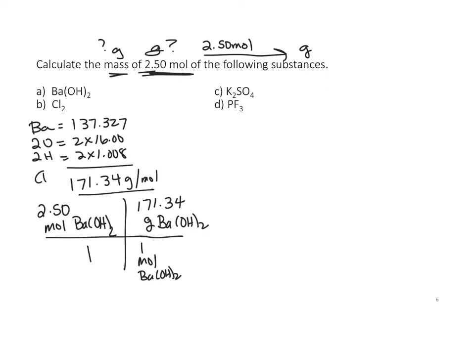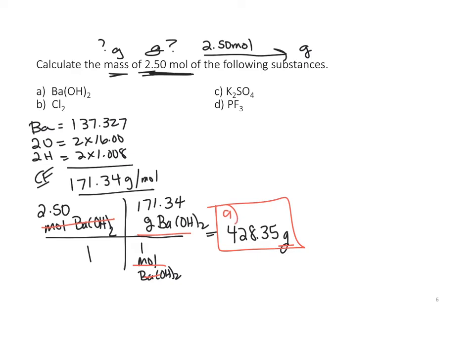That's your conversion factor. And now you know that you have to take 2.50, multiply it by 171.34 to get your answer. And that gives you 428.35 grams. You'll see that the moles cancel out and you're left with grams. And that's your answer for A.